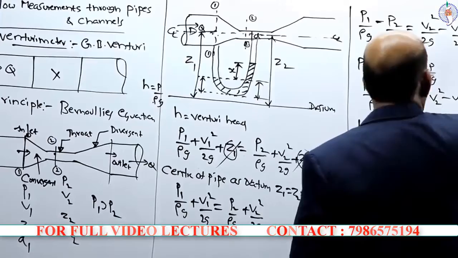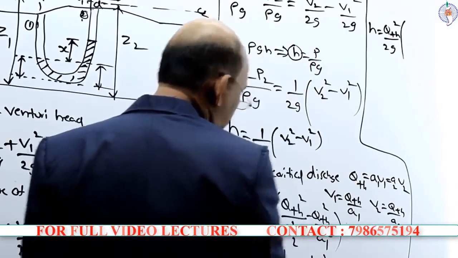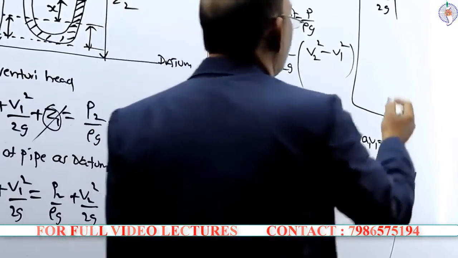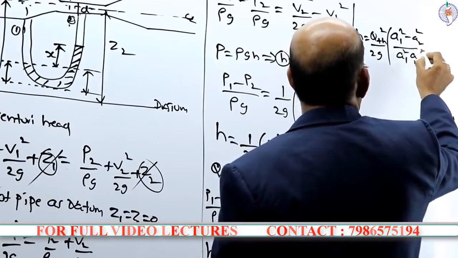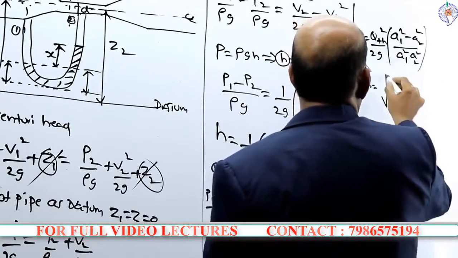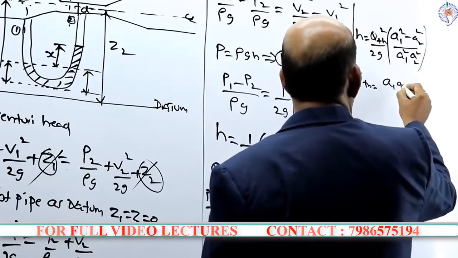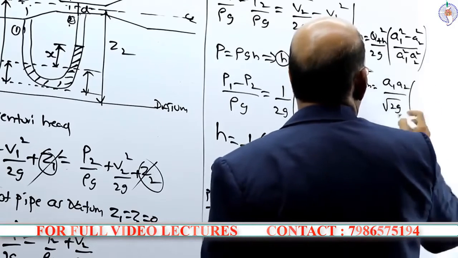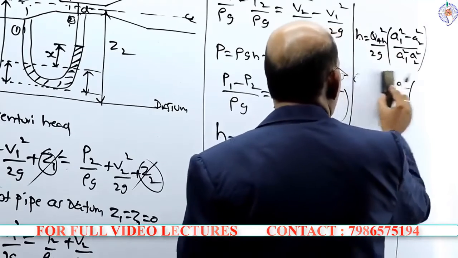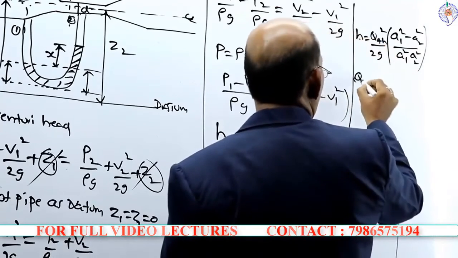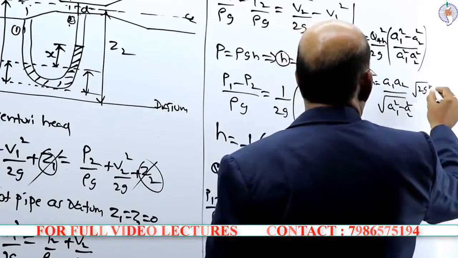H is equal to Q theoretical square divided by 2g into A1 square minus A2 square divided by A1 square A2 square, and Q theoretical is equal to A1 A2 divided by the square root of A1 square minus A2 square into root 2gh.